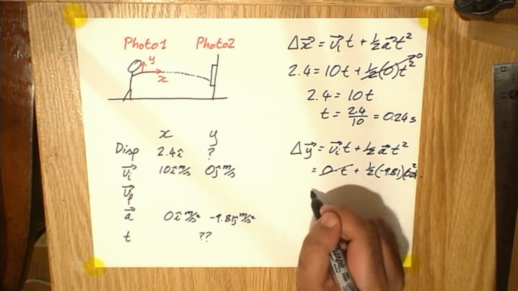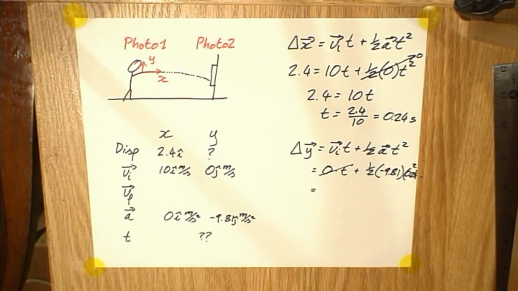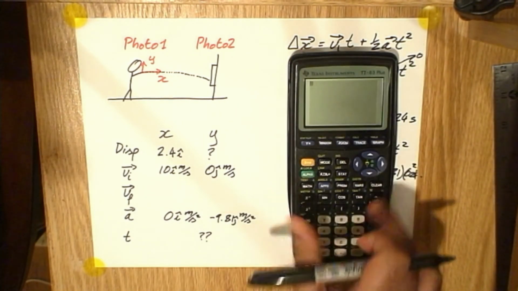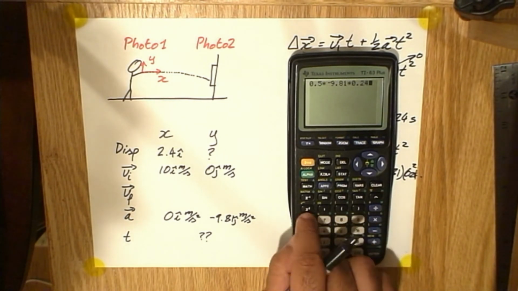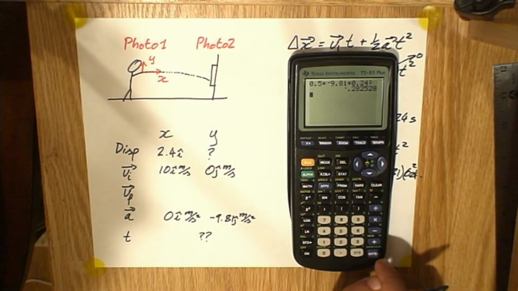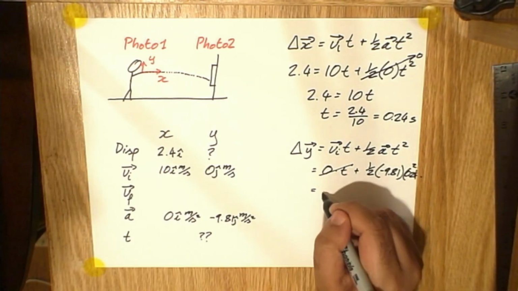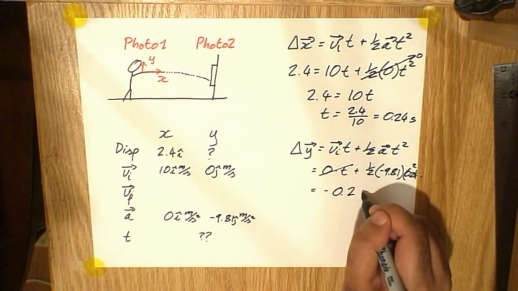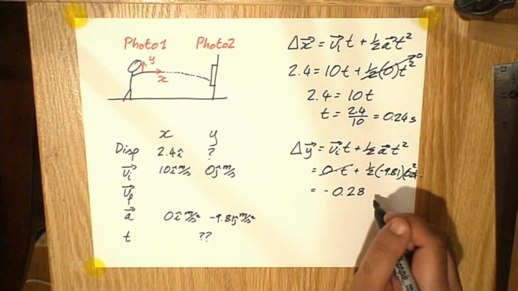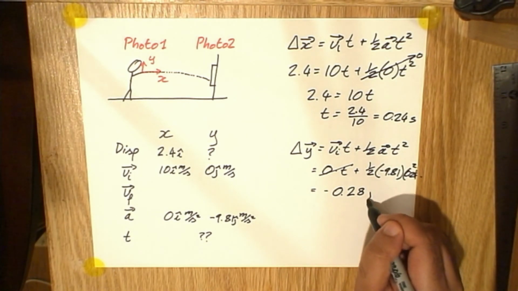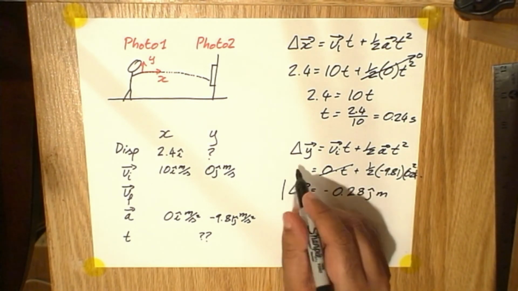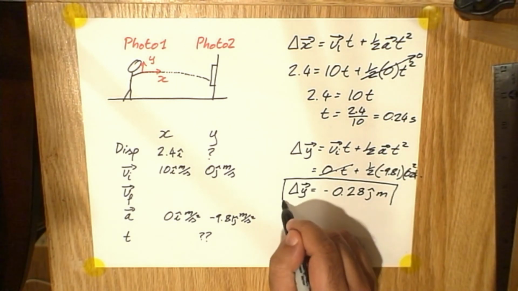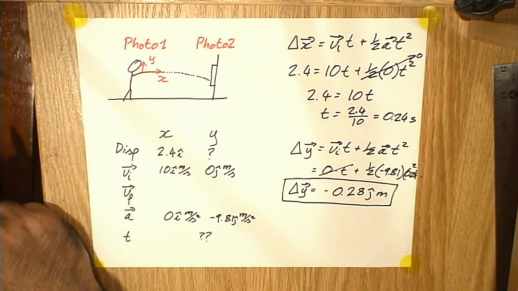So we are left with 1/2 times negative 9.81 times 0.24 squared, which works out to negative 0.28 j hat meters. So this is how far the dart is going to fall from its original position.